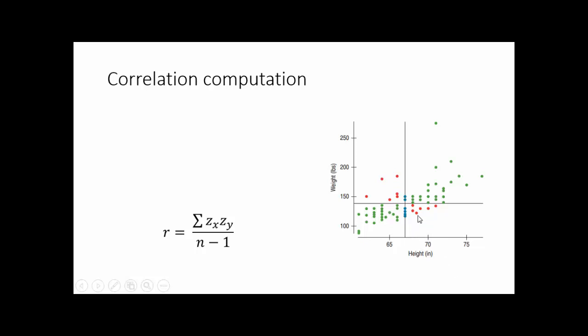So this red point is positive in terms of height, because that one red dot, which represents a person, was taller than average. The green dots, on the other hand, are people who are smaller than the average height.